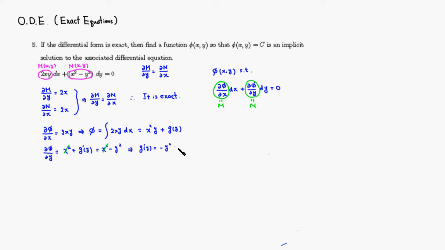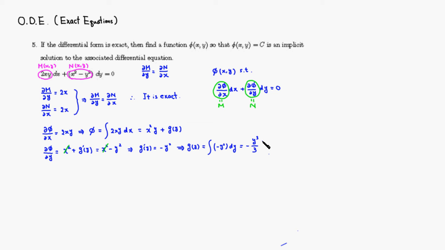So we can recover g of y by simply taking the antiderivative of negative y squared with respect to y, which is equal to negative y cubed over 3. This is just the power rule.